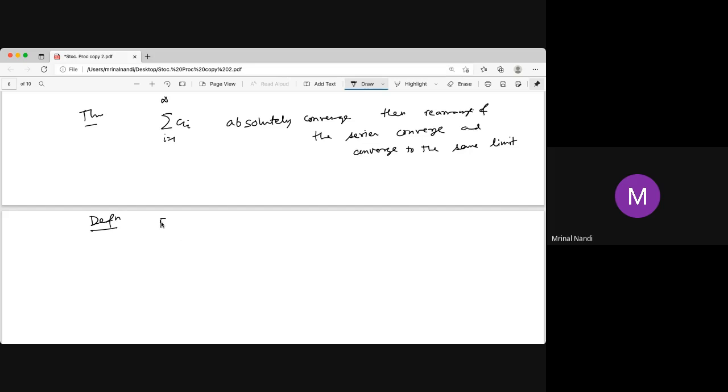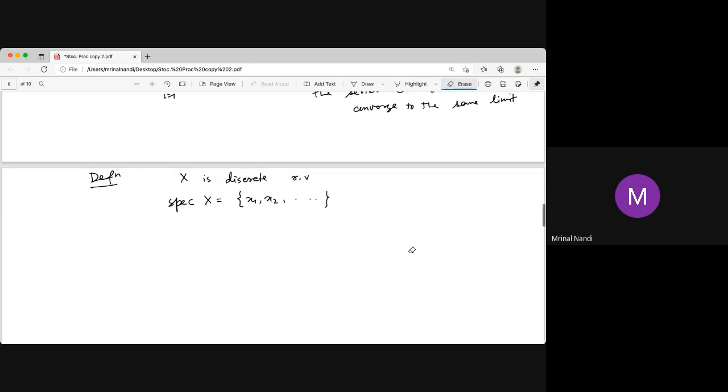For a discrete random variable x, the spec of x is just x1, x2, and so on. That is a countable set.